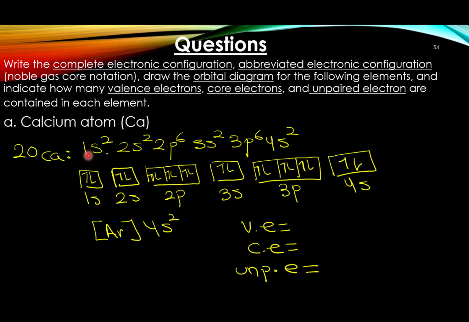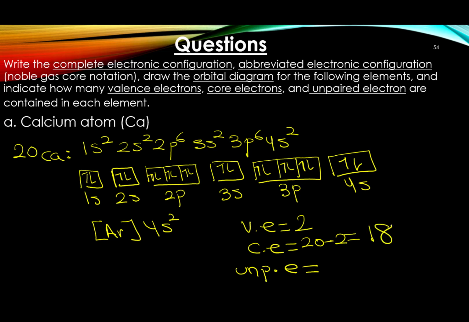You have energy level 1, 2, 3, and 4. Which one is the highest? Principal energy level 4 is the highest. How many electrons are there in principal energy level 4? 2. That's why calcium has 2 valence electrons. How many core electrons? 20 minus 2, which is 18.